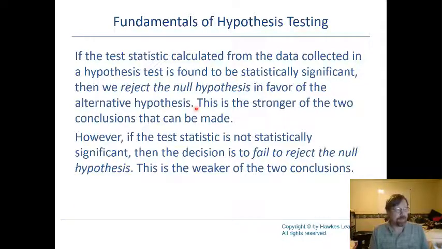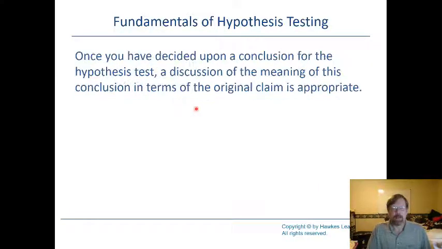It just means that there's a larger than you're willing to accept chance that it might be. Once you've either rejected or failed to reject the null hypothesis, then you can talk about what that means.